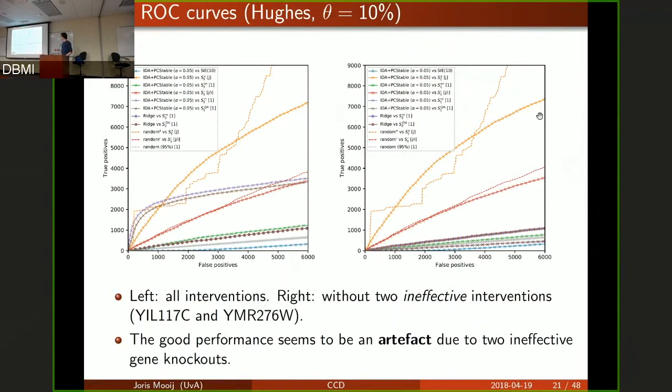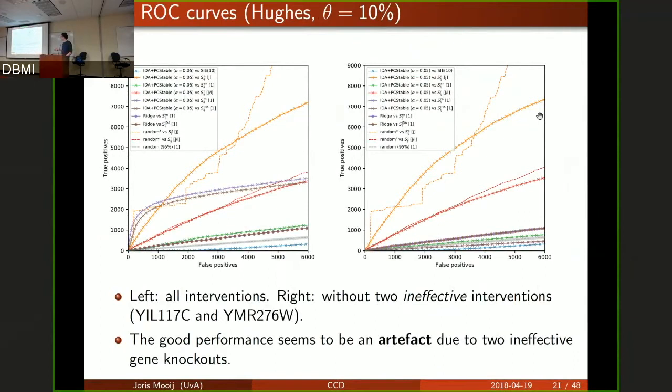But if you look at where this nice causal signal comes from, it turns out that it's only due to 2 interventions on 2 genes. And if you look closely, the knockouts of these genes were unsuccessful. So this is very suspicious, right? The knockout was unsuccessful, and yet they have many causal effects, apparently, according to these measures.